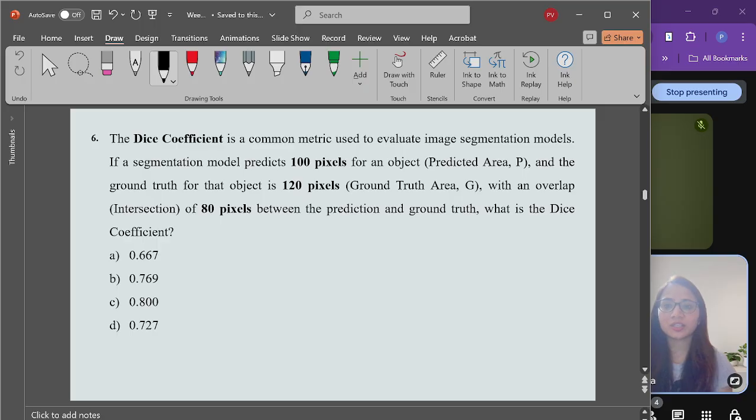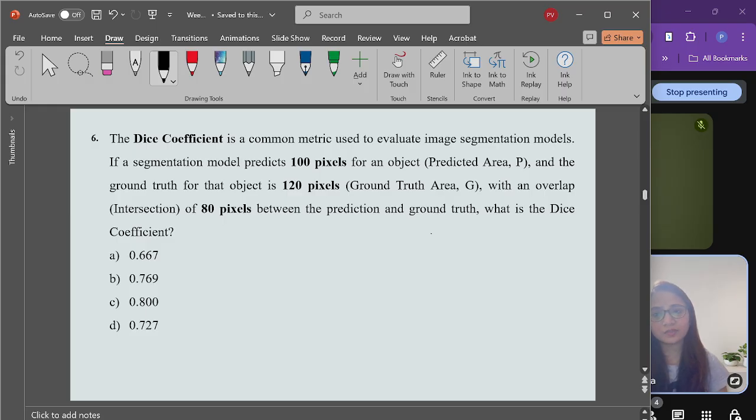Our next question is, the Dice coefficient is a common metric used to evaluate an image segmentation model. If a segmentation model predicts 100 pixels for an object, the predicted area P, and the ground truth of the object is 120 pixels, the ground truth area G, with an overlap, that is intersection, of 80 pixels between the prediction and the ground truth, what is the Dice coefficient?